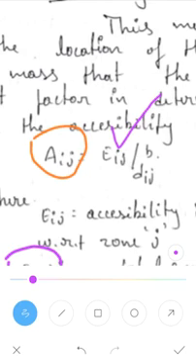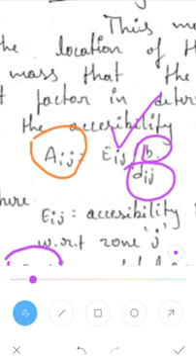Next, Dij is the distance between zones I and J, where B is an exponential power.